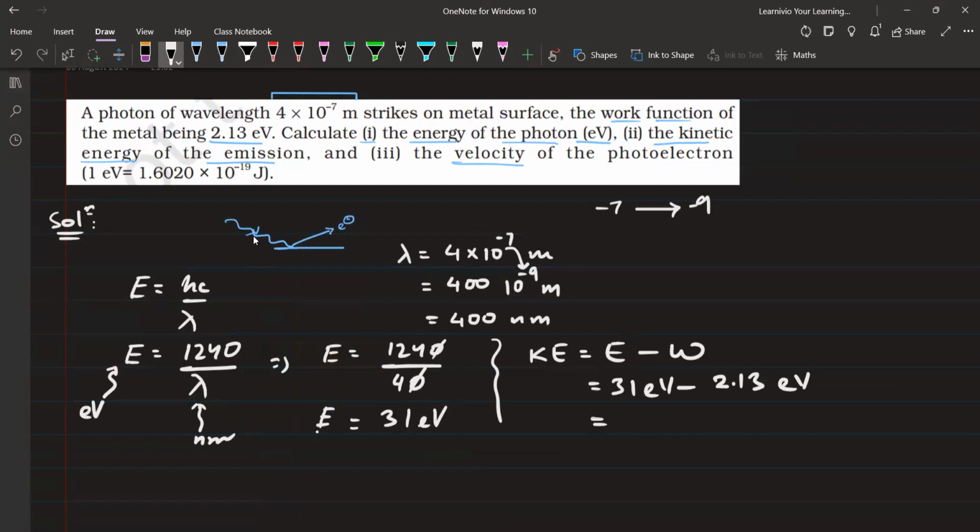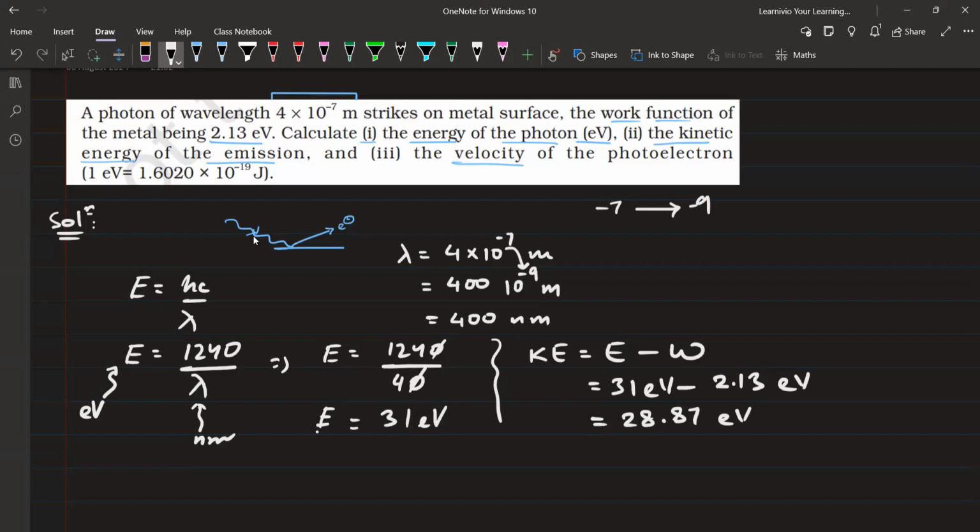So this will be equal to how much? Tell me. Alina? 29.13 electron volts. It won't be 29, it will be 28, right? 28.87. Sir, how did you get it?